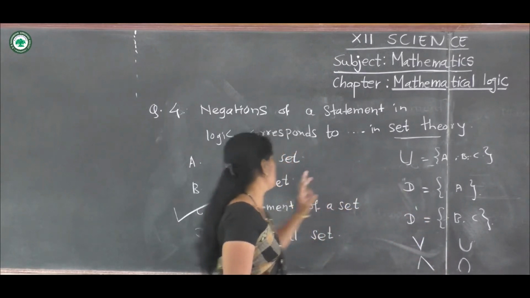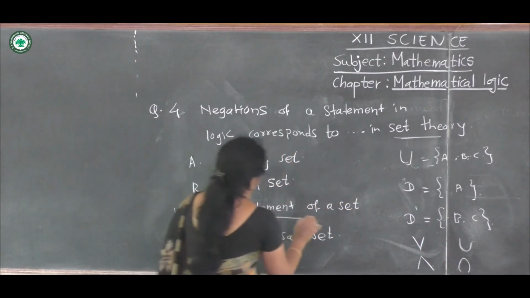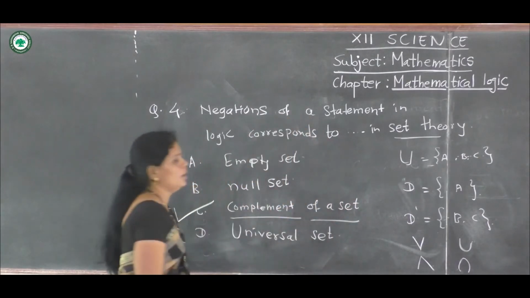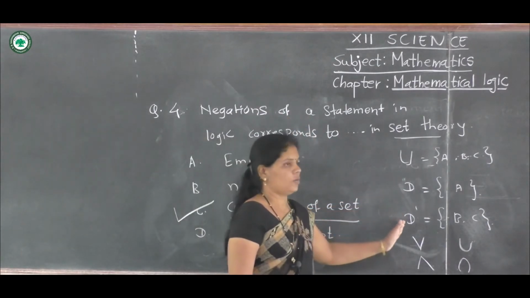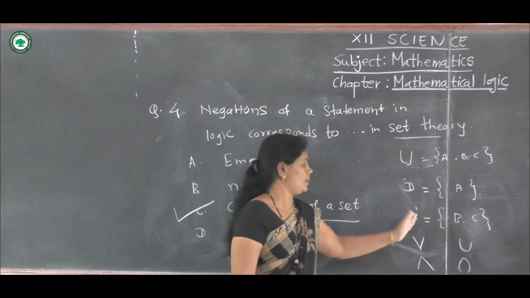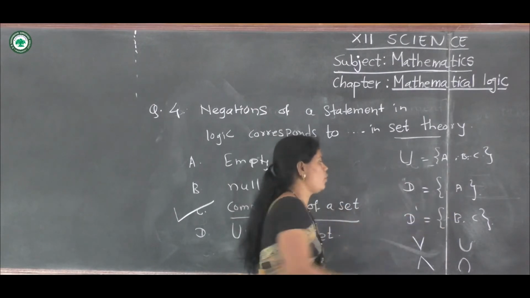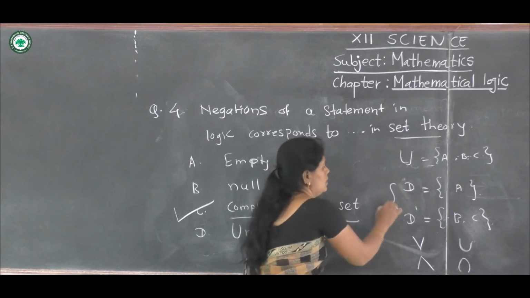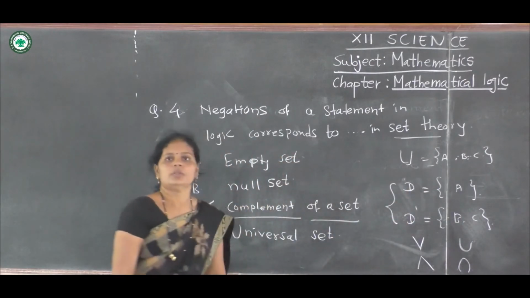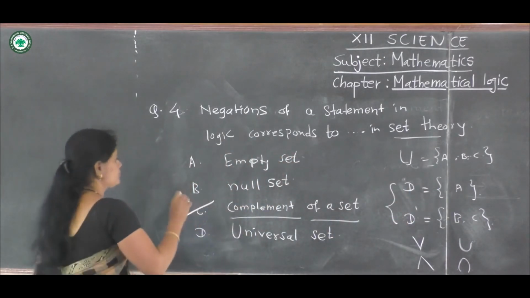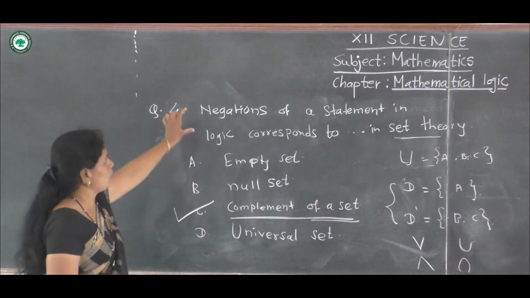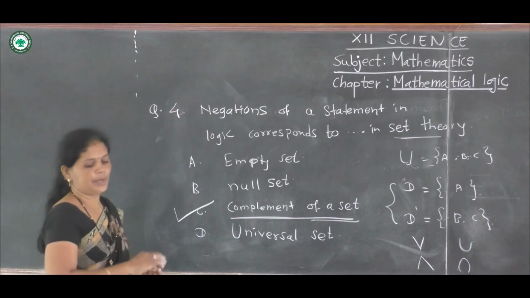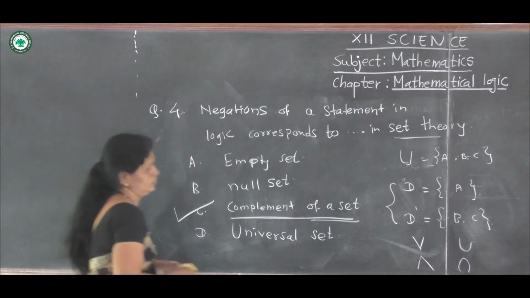And complement corresponds to the negation in logic. Set D and D complement, which is B and C. Therefore D and D dash are negations of each other. Therefore complement of a set corresponds to the negation of a statement in logic.